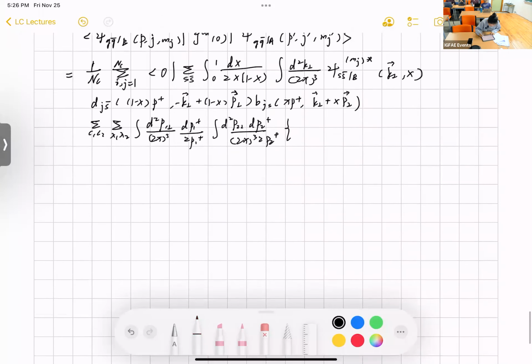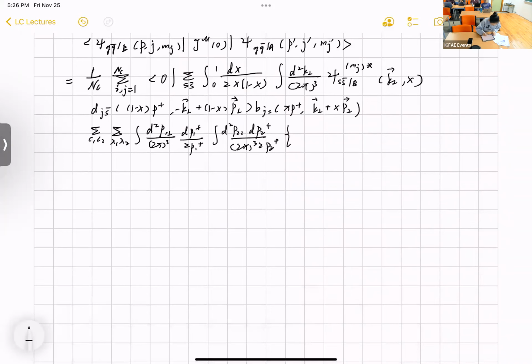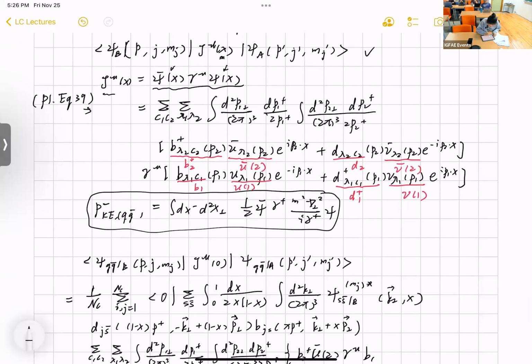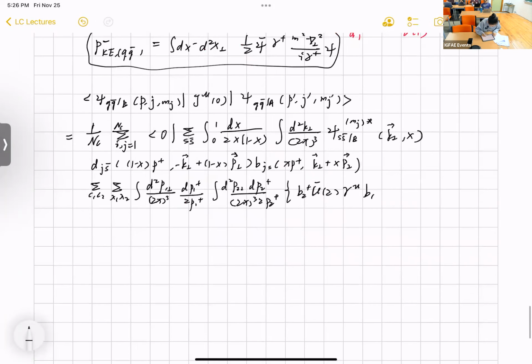So what I have now is gamma mu. I expand this product so that there is gamma mu in between. The second term has a B dagger and a D dagger.